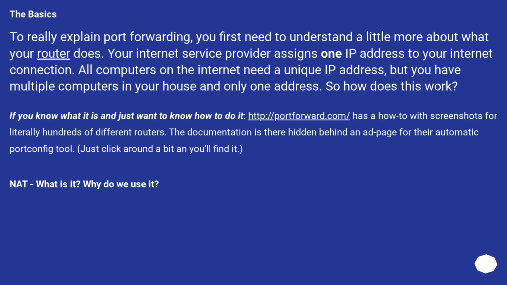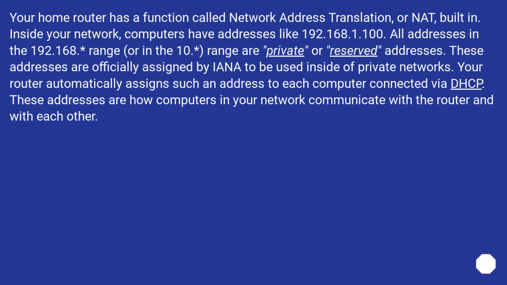NAT, what is it? Why do we use it? Your home router has a function called Network Address Translation, or NAT, built in. Inside your network, computers have addresses like 192.168.1.100.